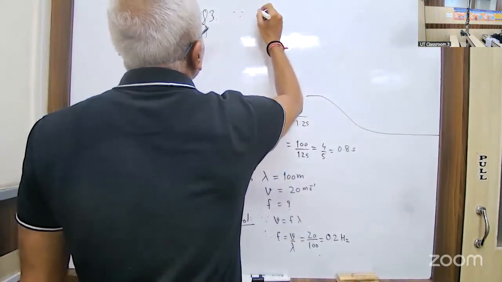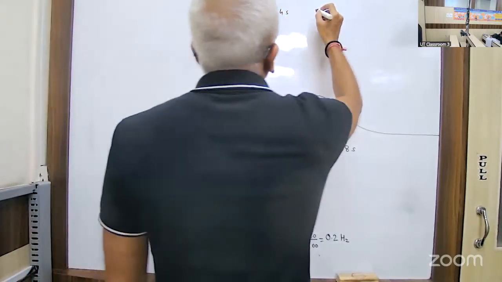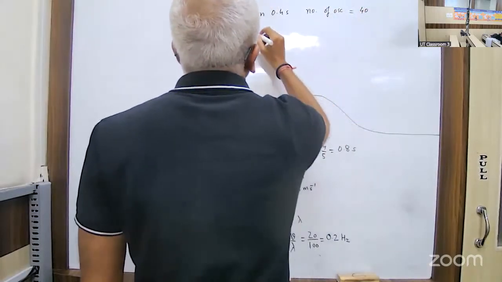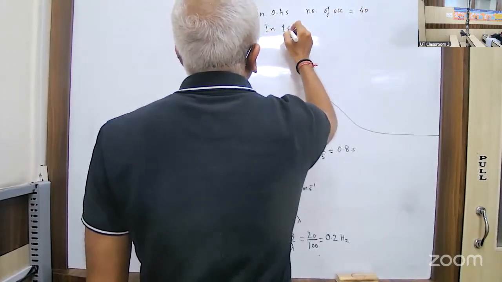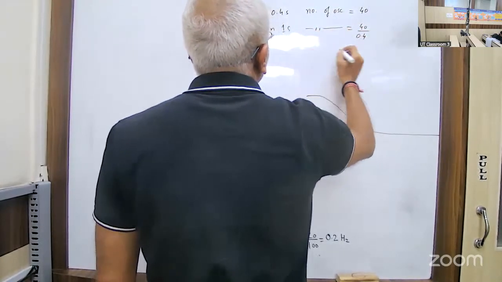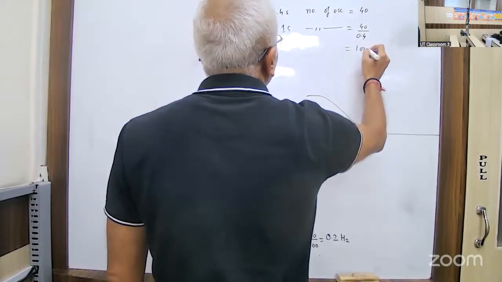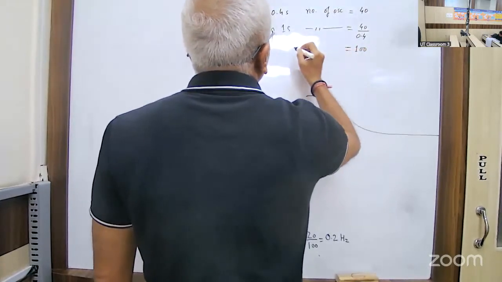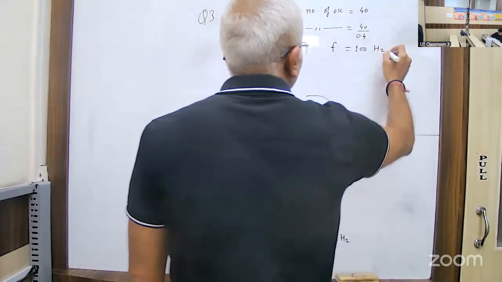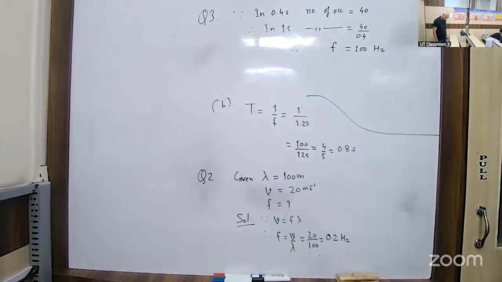Since in 0.4 second, number of oscillation is equal to 40. Therefore, in 1 second, number of oscillation is equal to 40 by 0.4. So this is how much? 400 by 4. Therefore, frequency f is equal to 100 oscillations per second or 100 hertz. This is what it is.